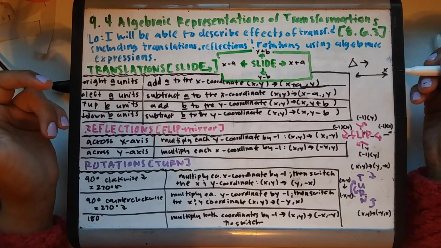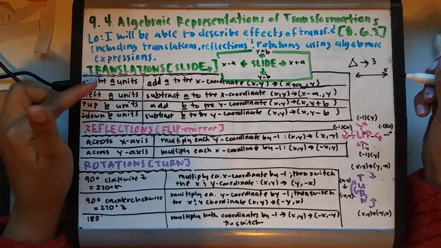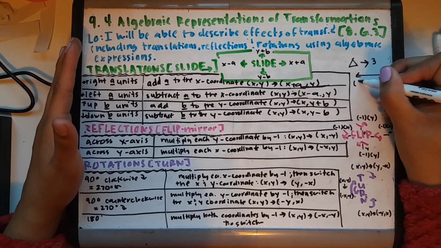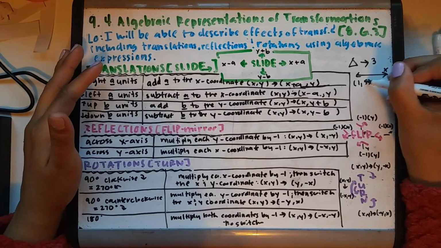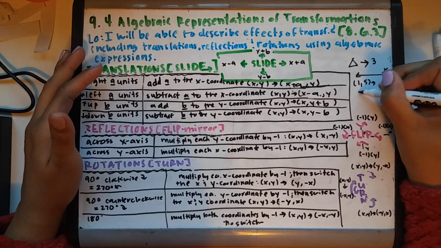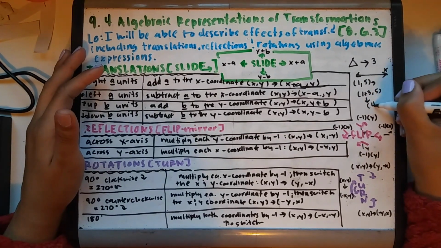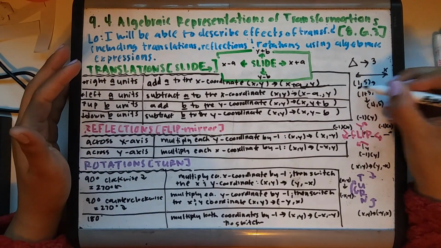So if they tell me to move my shape 3 units to the right, I'm gonna add 3 to the x coordinate. For instance, if I have 1, 5, and I'm moving it 3 to the right, I'm gonna add 3 to this 1, so 1 plus 3 is 4. My new ordered pair is gonna be 4, 5, if I'm only sliding it to the right, and do that to every single one of the x coordinates.